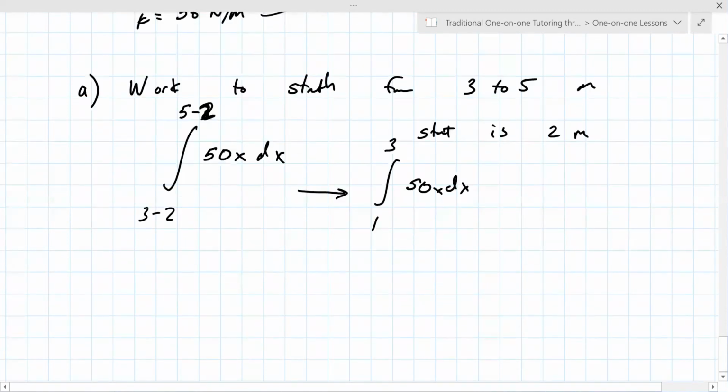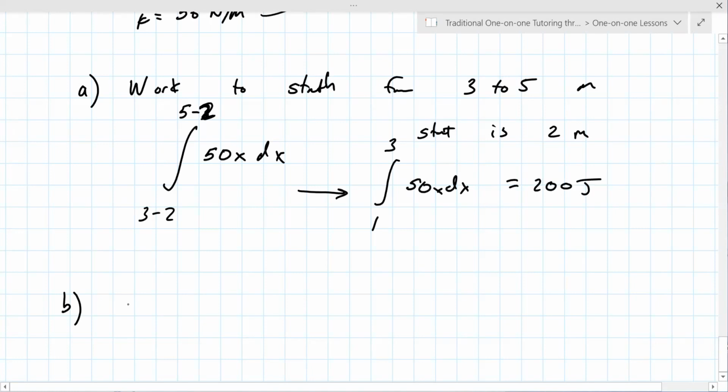Okay, so part B could be, actually, let's get a number here because I want to give you a part B that's somewhat reasonable in case you want to look at this again. 50x from 1 to 3. Work is in joules. This is 200 joules.